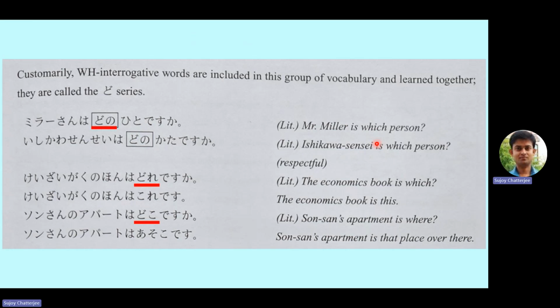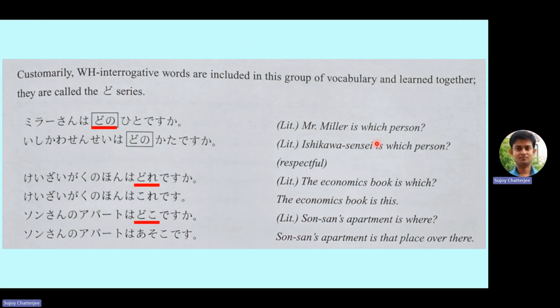Now, how do we ask the questions? So as we saw last time, dare. So similarly here, it will be starting with do. So for the ko, so, and a demonstratives, the corresponding interrogative will be starting with do. So kore, sore, are will be asked using the interrogative word dore.